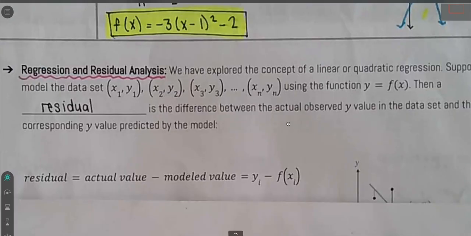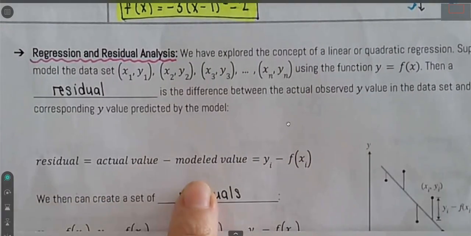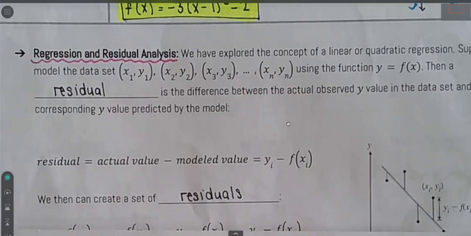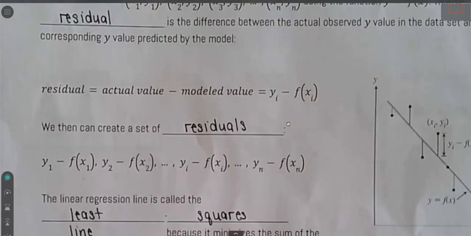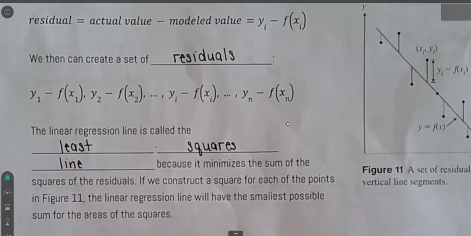That difference can be charted using a residual. So residual is the actual value minus the model value. Your y minus whatever your function is producing. So we can create a set of residuals by just finding the difference of everything.